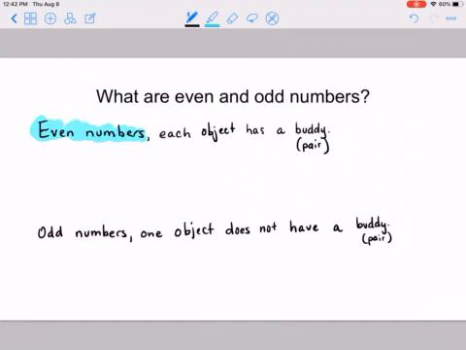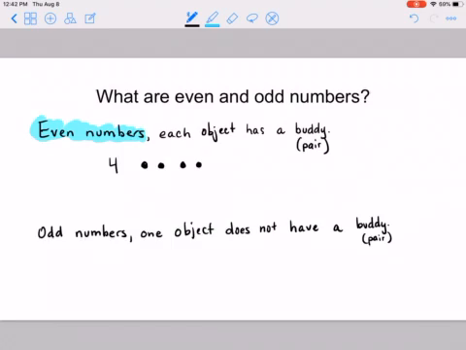So let me draw and represent an even number. So let's represent the number 4. I'm going to represent the number 4 with some dots. Okay, so there's 1, 2, 3, 4. Now we know a number is even if each of these dots is going to make a pair.